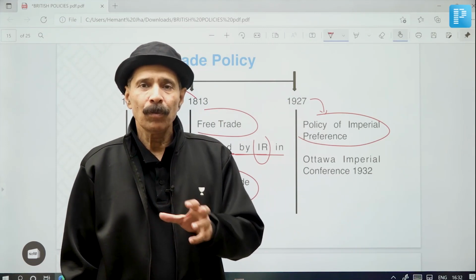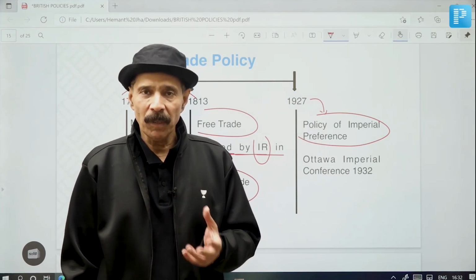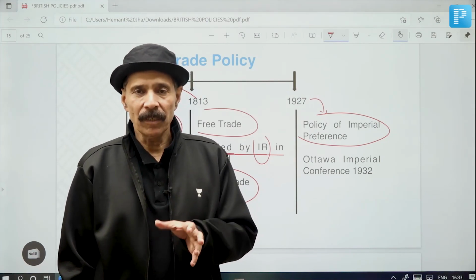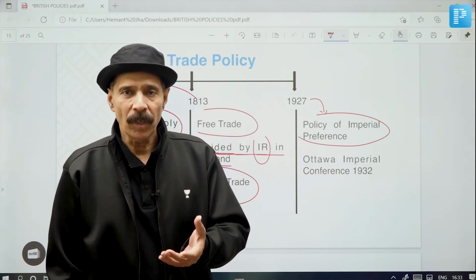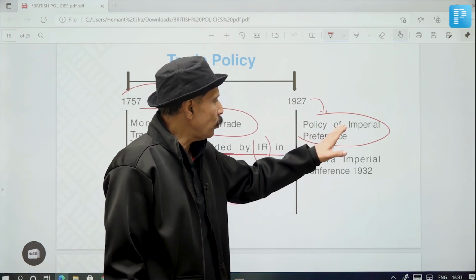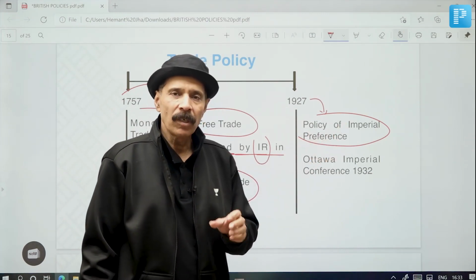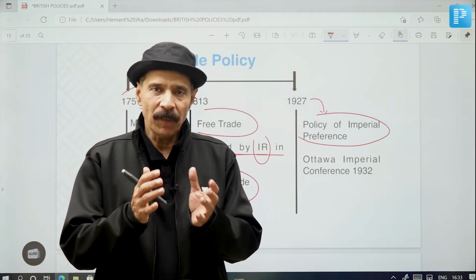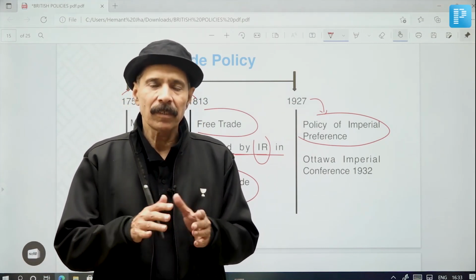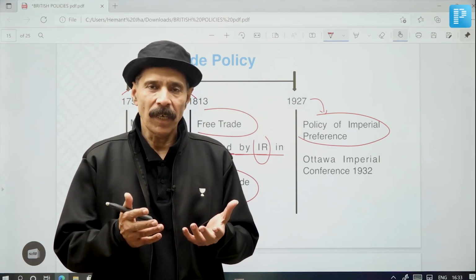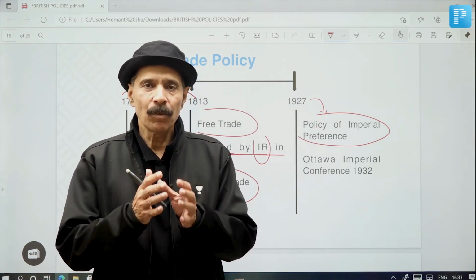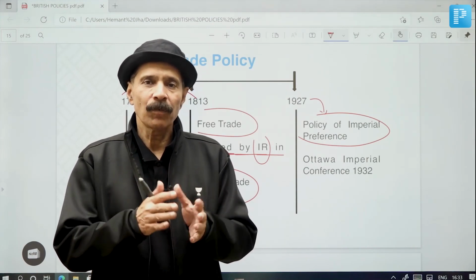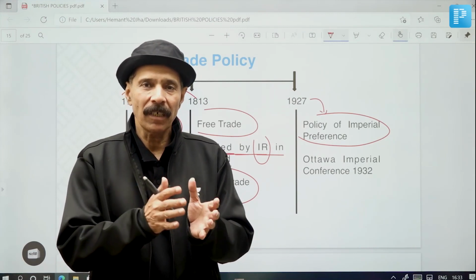So in order to make the trade favorable for British goods, the British government introduced a new policy, known as the policy of imperial preference. Under this policy, the British modified the tariff structure so that British goods got encouragement and goods from other European countries got discouragement.